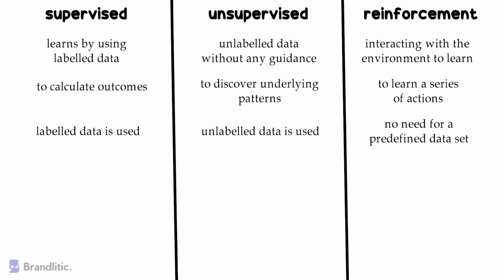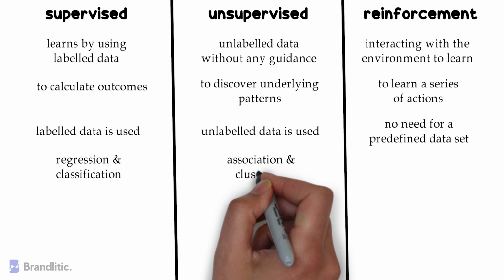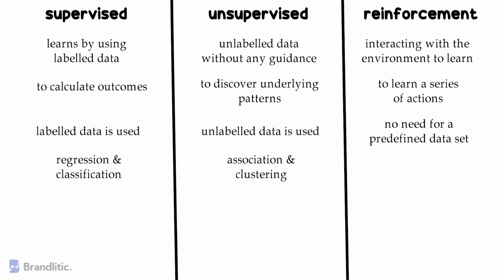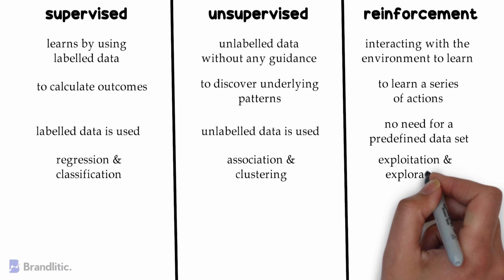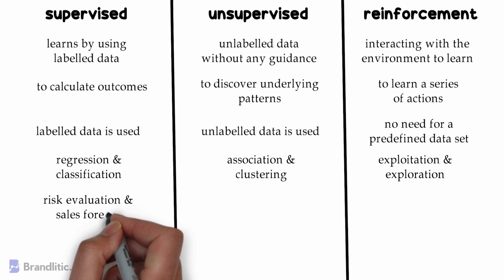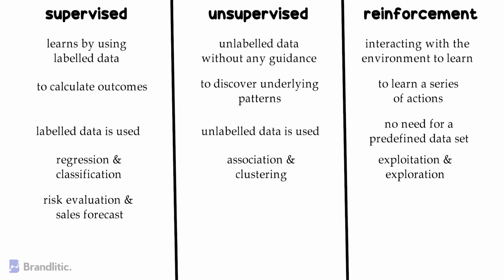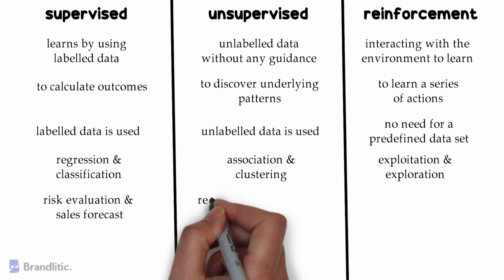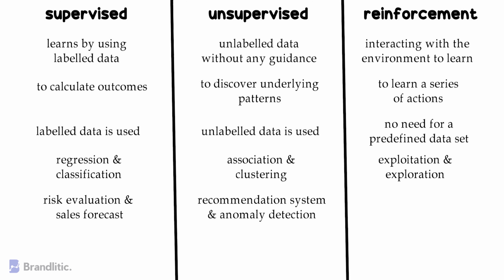Number 4, regression and classification are the types of problems accounted for in supervised ML, whereas association and clustering are in unsupervised, and in reinforcement ML, it is exploitation and exploration. Number 5, a few applications of supervised ML include risk evaluation and sales forecast, whereas for unsupervised ML, we have applications like recommendation systems and anomaly detection, whereas major applications for reinforcement learning include ideas like self-driving cars.